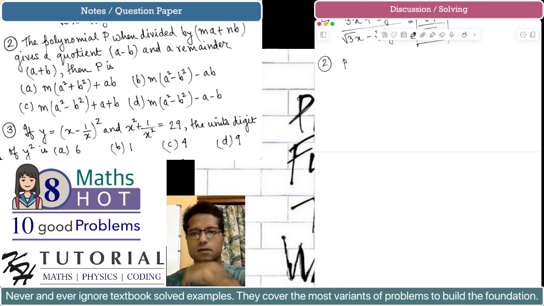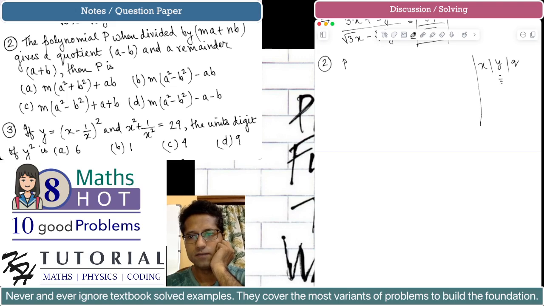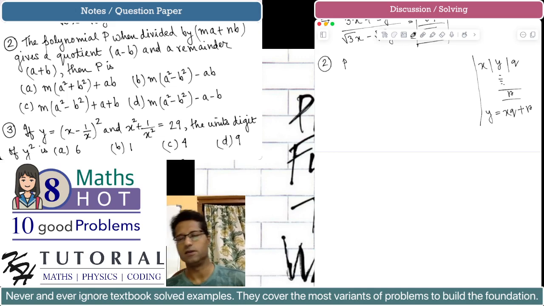We know that in general when we divide a number, let's say y, by x, and let's say the quotient is q and the remainder is r, we can say that y is equal to xq plus r, that is divisor into quotient plus remainder is the dividend.